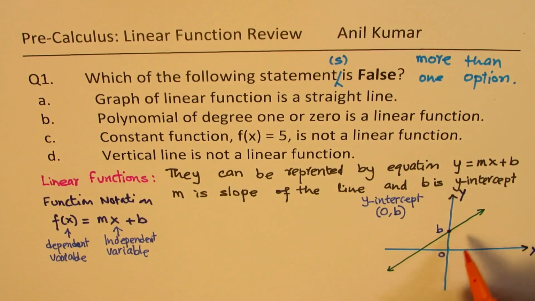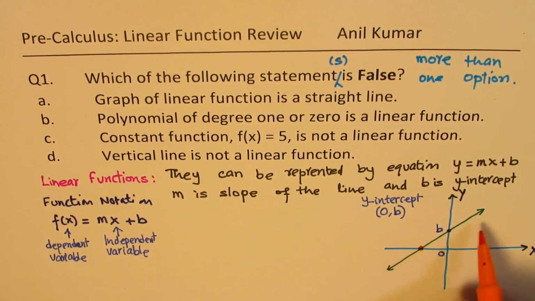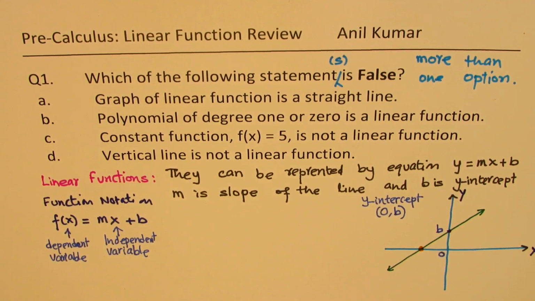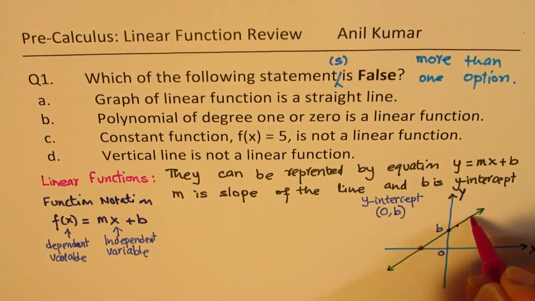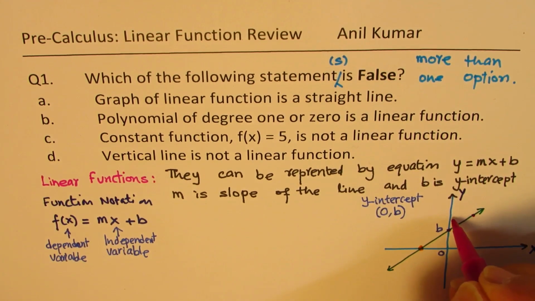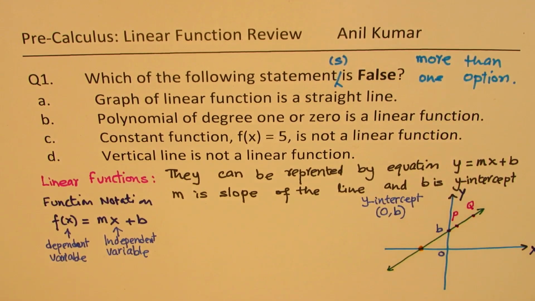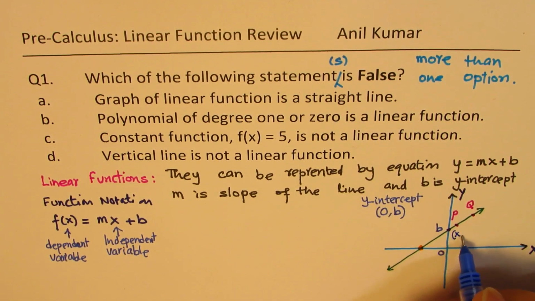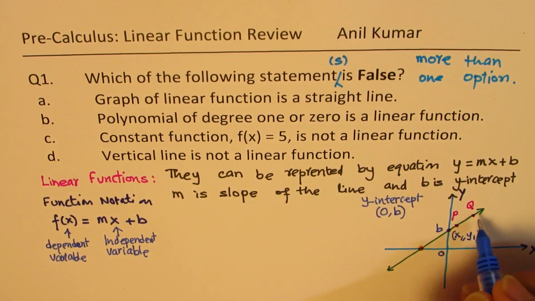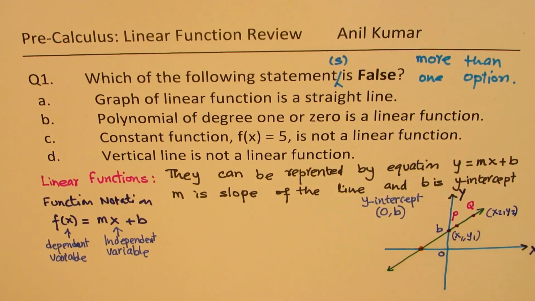Now to find slope, these are two good points to take, but it can be any 2 points. So in general, to find slope, we'll take any 2 points. Let's say we have these 2 points as P and Q. Coordinates of point P are x1, y1, and coordinates of point Q are x2, y2.